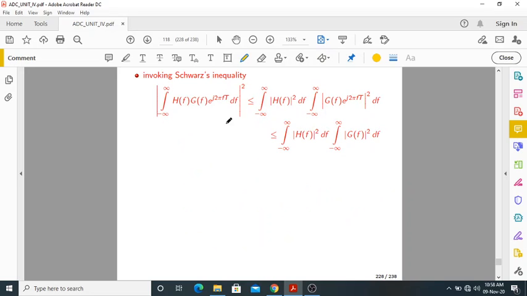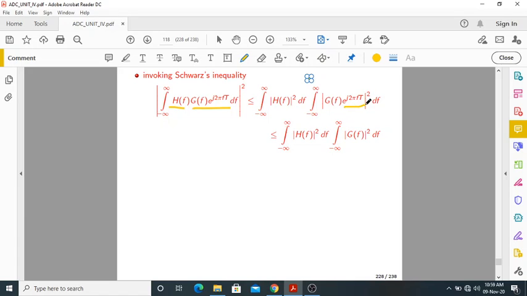What will happen? Now to this expression I am invoking the Cauchy-Schwarz inequality. Then what will happen? So that is less than or equal to this quantity first: integration of mod h of f whole square df, and this quantity. What is the quantity now? Mod g of f into e power j 2 pi f T whole square.